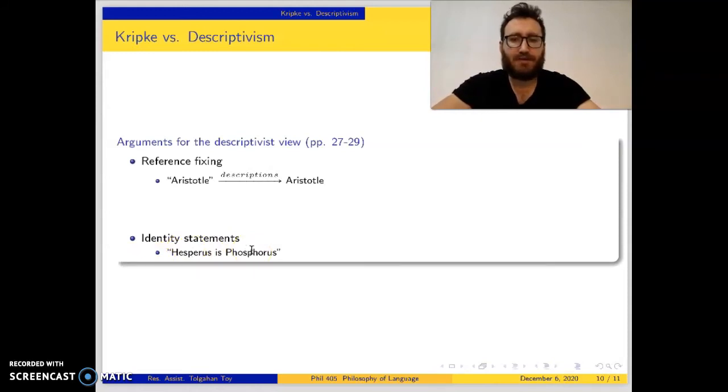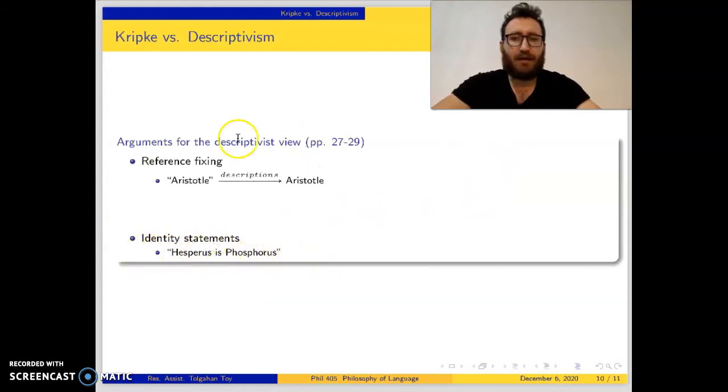And the puzzle is that even though this is an identity statement, which means that there is an object identical to itself, because when you say Hesperus is Phosphorus, there is an object, that star, and that object is identical to itself, how come this is informative?